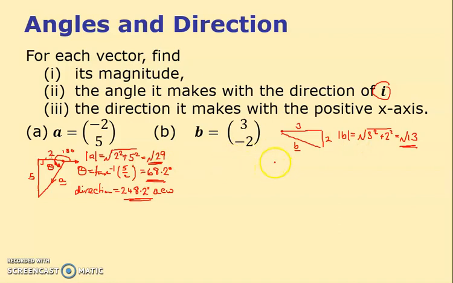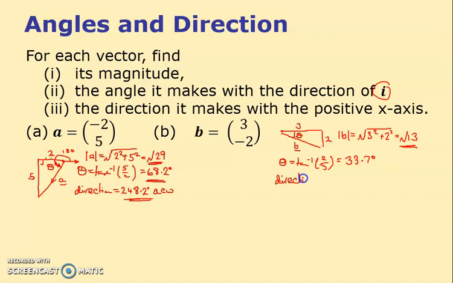But next part said find the angle it makes with the positive x-axis. Well, that's that angle here again, theta. So theta equals the inverse tan of the opposite over the adjacent, of 2/3. So the inverse tan of 2 divided by 3 is 33.7 degrees. And what's the direction?